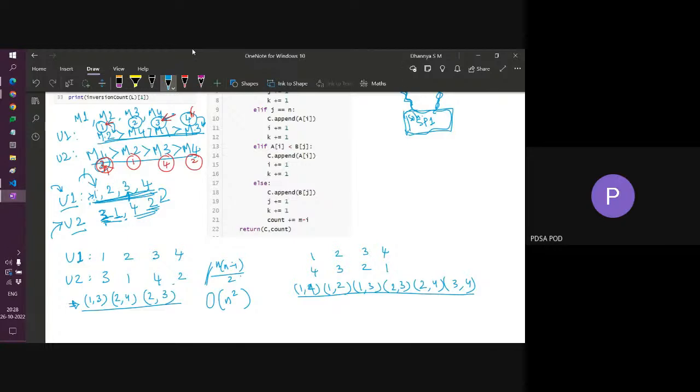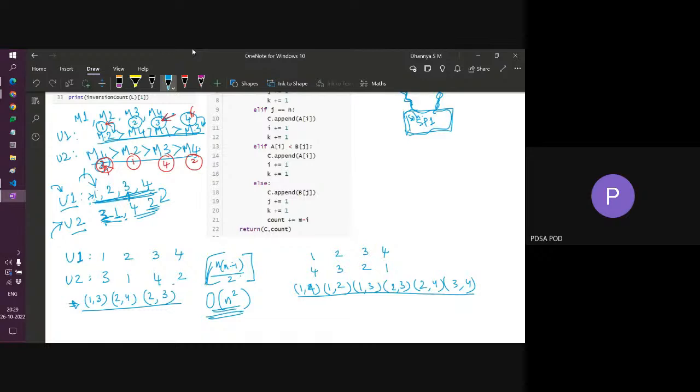It's not a lower one, it's a worst case. In the worst case, what is the time that you need for listing the inversions? O of n squared, right? Because we have already seen that this is the maximum number of inversions that can come. So at least you need to list all of them, which will require O of n squared.